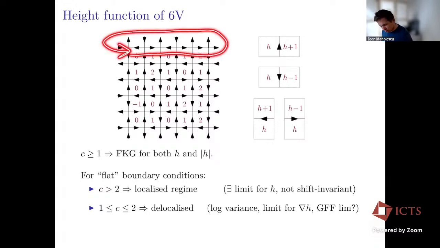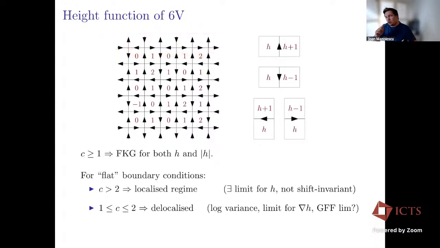So you have non-trivial height increments as you loop around the torus like this. So unless your configuration has an equal number of up and down arrows on each row, there's no good definition of height on the torus or on the cylinder. You'll pick up an increment as you wind around the torus. And this corresponds to that slope.